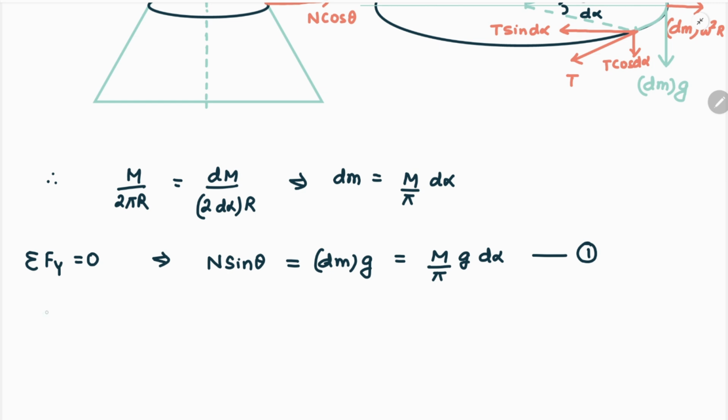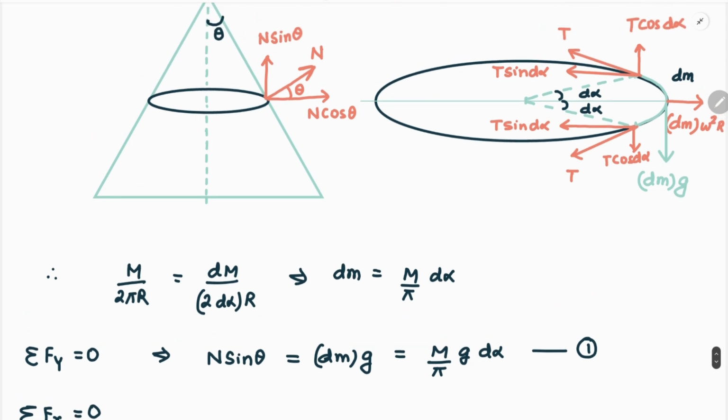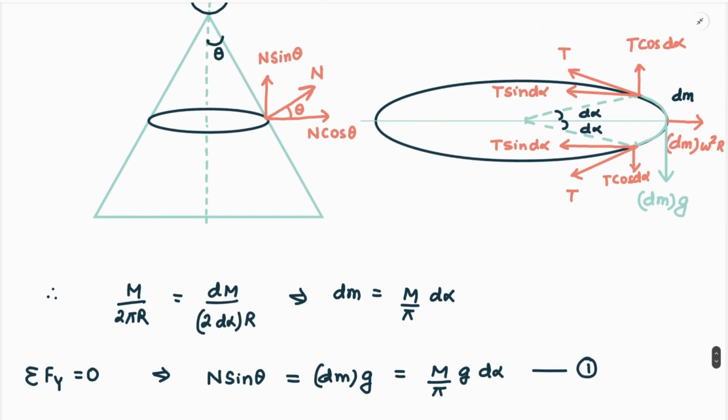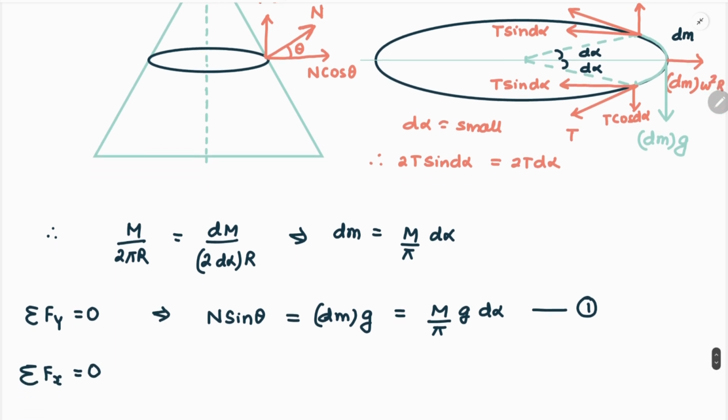Now we apply the next equation, that is summation of force in the x direction equal to 0, so we are balancing forces in the plane of the chain. In the plane of the chain, the force dm omega square r is in the positive x direction, N cos theta is in the positive x direction, and they both are balanced by 2T sin d alpha. Now d alpha is small, so we write 2T sin d alpha as 2T d alpha, since for a very small angle, sine of theta can be written as theta.